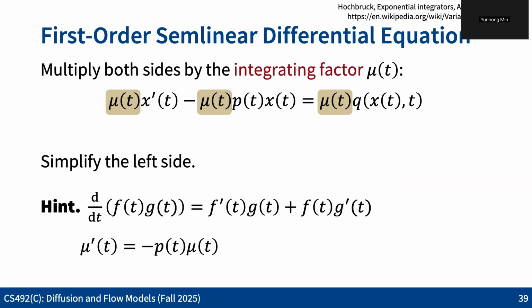Based on the product rule of differentiation, we can see how the left-hand side can be simplified. Can you guess how? Remember that the mu function is the solution of this ODE, so the derivative of the mu function becomes this term. And based on this product rule, how can we simplify the left-hand side?